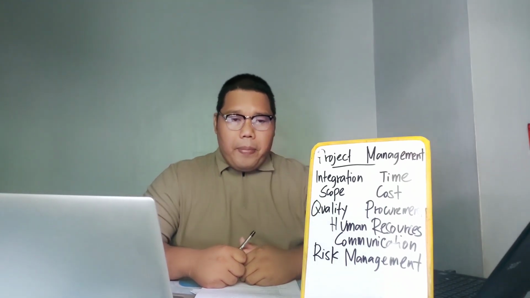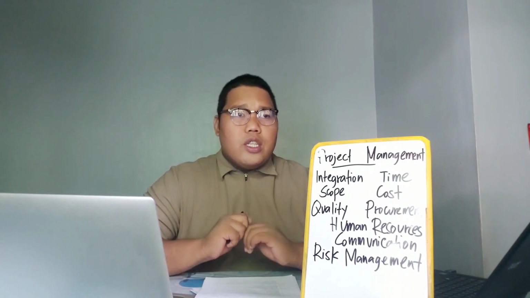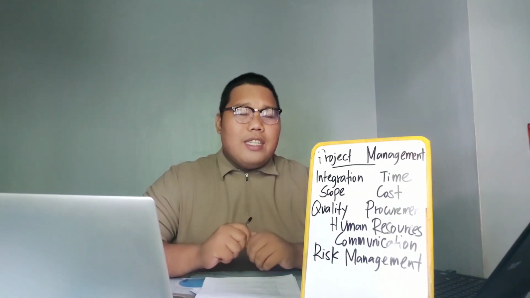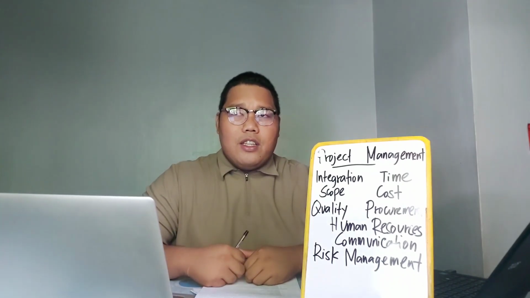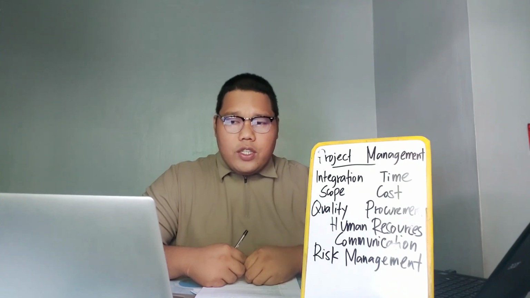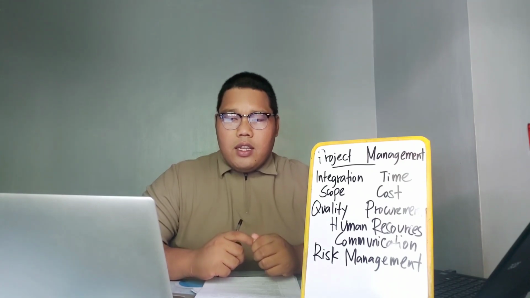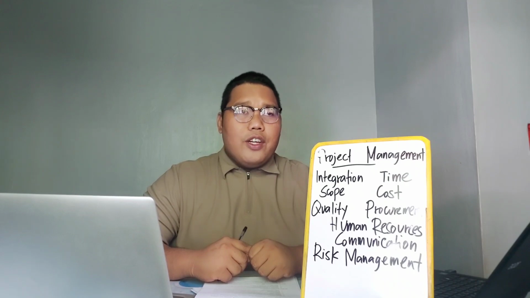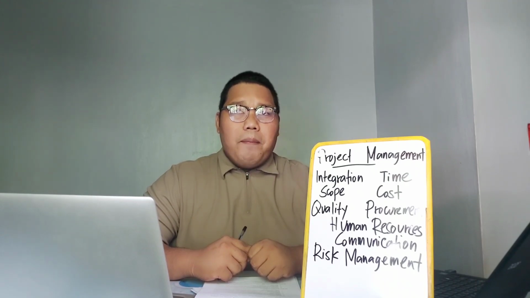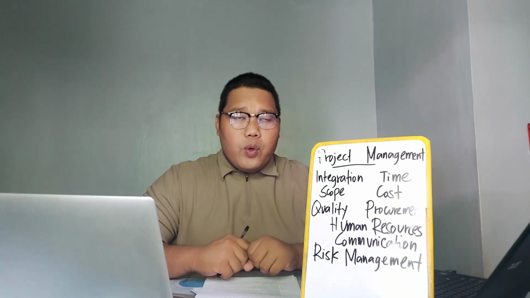So, project costing involves resource planning of the cost estimation, cost budgeting, and also, if there's already a cost budget, we should also have a cost control. Project cost management, on the other hand, is the main management that we use to control costs.